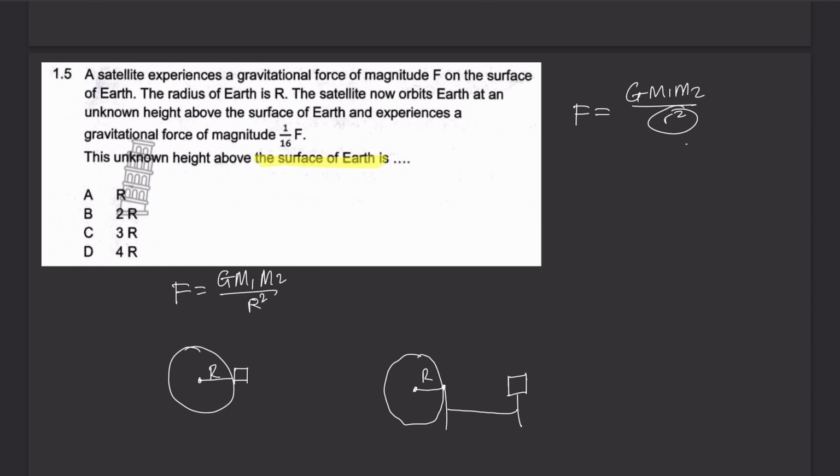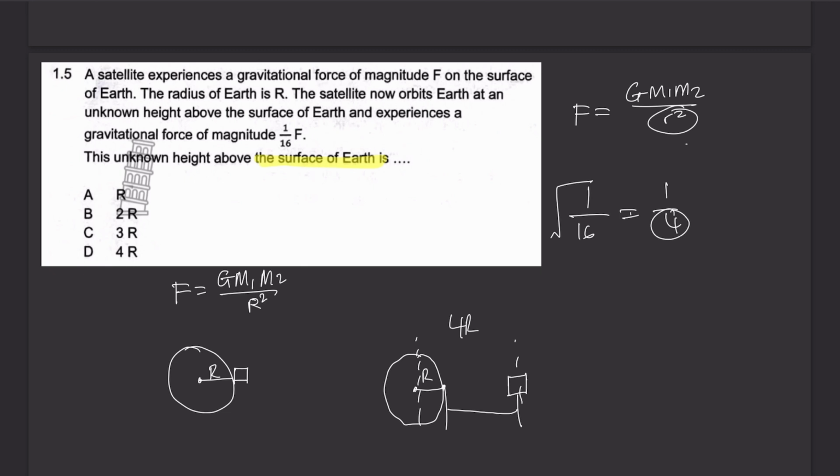Since the distance is squared, what we need to do is square root that. So the square root of 1 over 16 is 1 over 4. In other words, the distance from center to center is 4R.